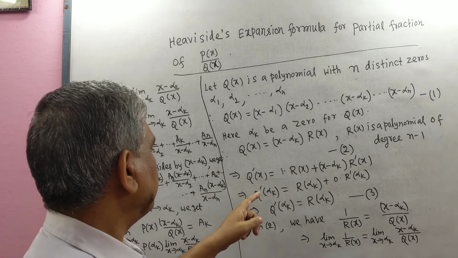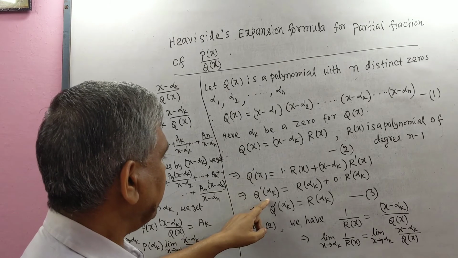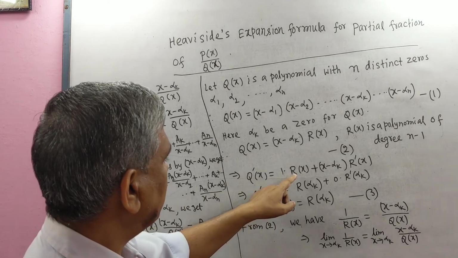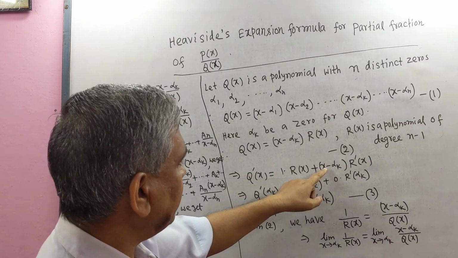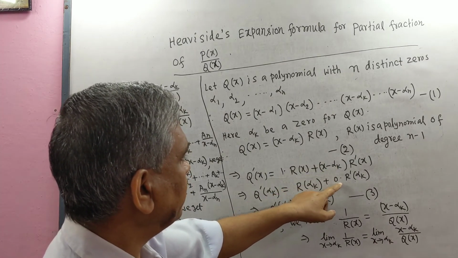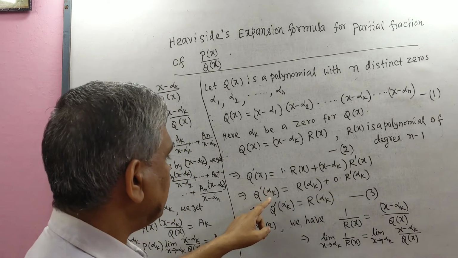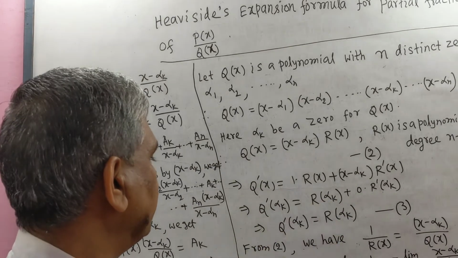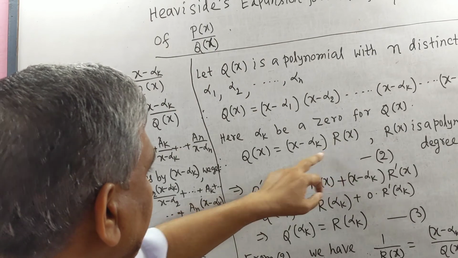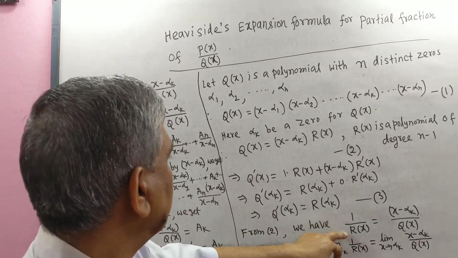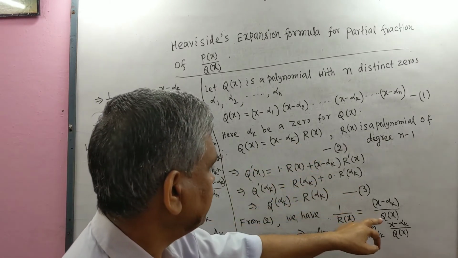Now put x equal to alpha k on both sides. Q dash alpha k equals R alpha k, since alpha k minus alpha k is 0 times R dash alpha k. That means Q dash alpha k is R alpha k. Again, from 2 we have 1 by Rx equal to x minus alpha k by qx.